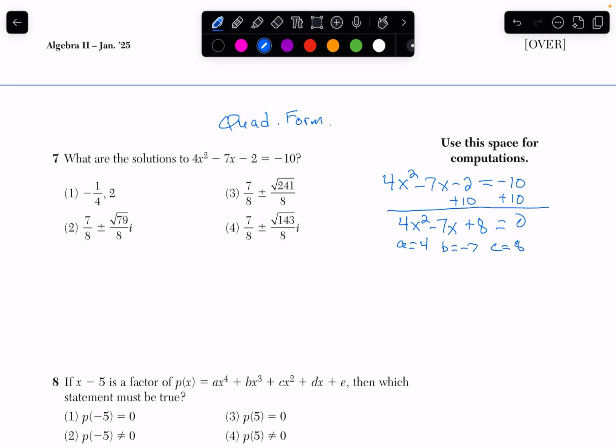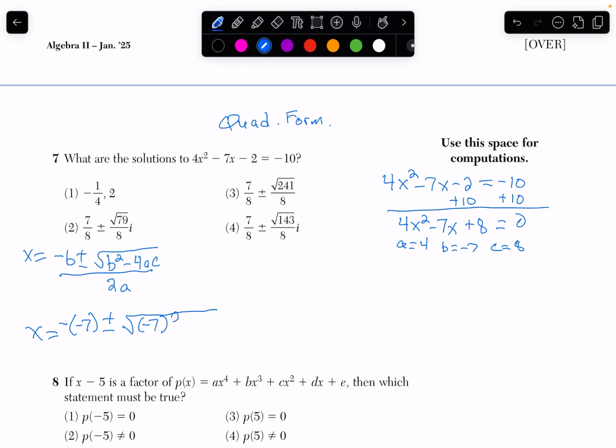The quadratic formula is given to you in your reference table. Negative b plus or minus the square root of b squared minus 4ac, all over 2a. Okay, so let's put it in. And we have a negative 7, so we're going to do negative, negative 7. When you work with the quadratic formula, it's best to put negatives inside of parentheses so you don't mess the signs up.